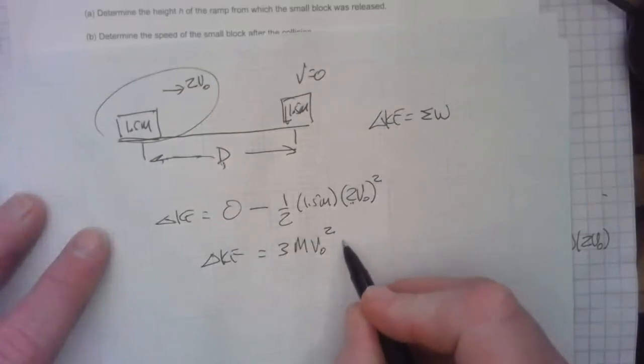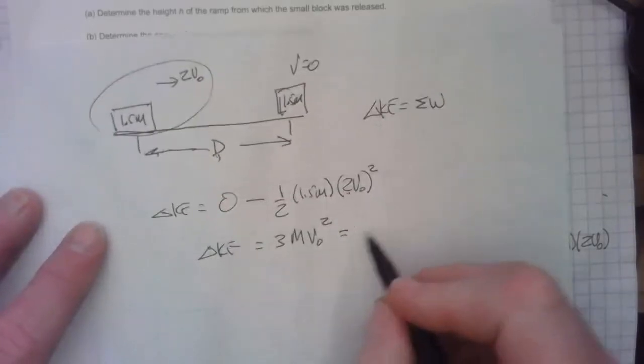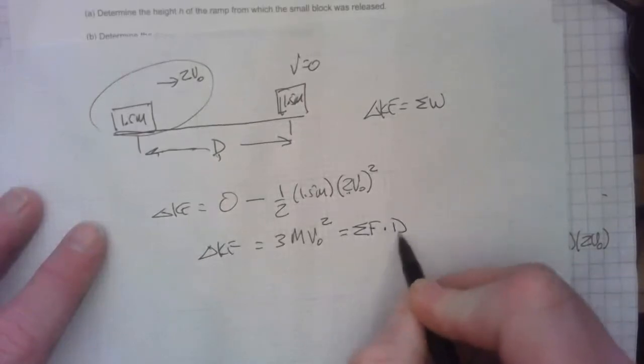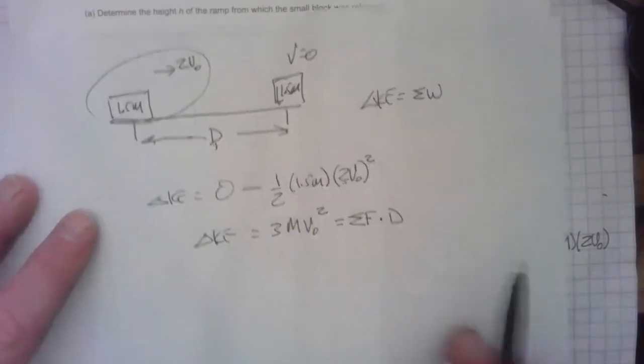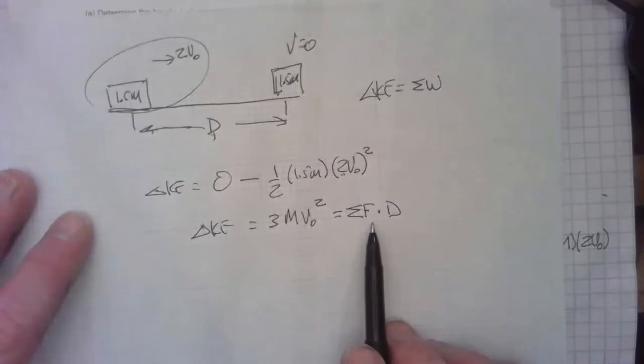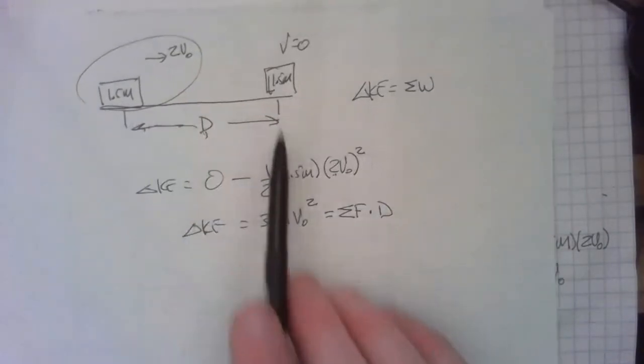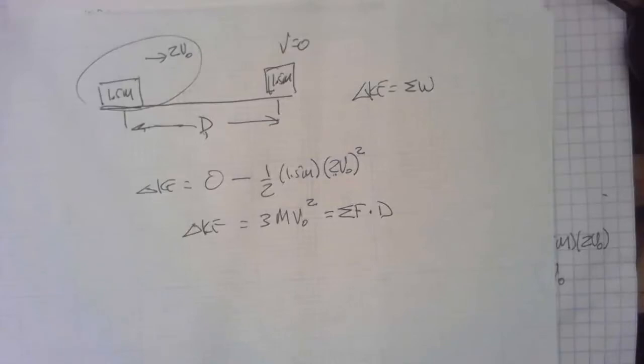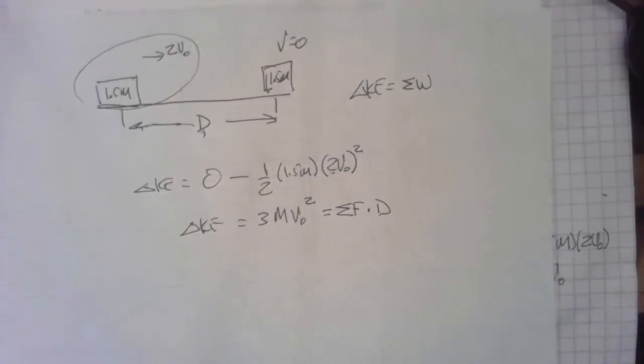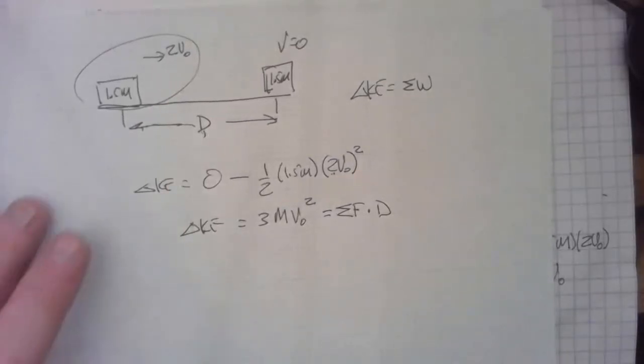Now that is equal to the work done. So that is equal to the net force times that distance. Well, what's the net force? What's the only force acting on this thing to cause it to slow down? That's right. It's friction.